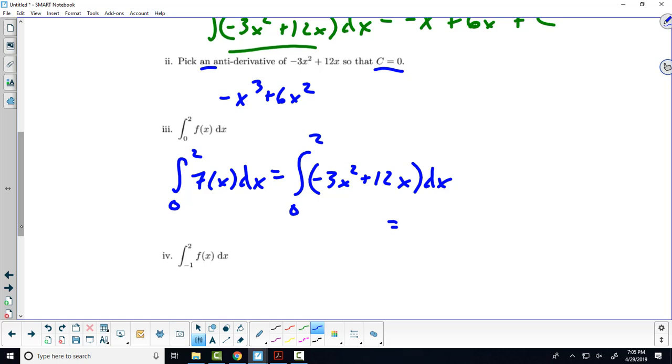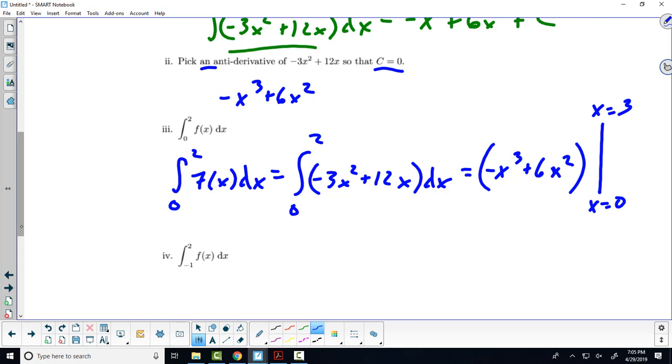And I only felt comfortable even remotely trying it because I was actually looking at the antiderivative up there. So what do we do? Well, we give the antiderivative, negative x cubed plus 6x squared, but then we remind ourselves that we were supposed to evaluate it at the upper and lower endpoints. So that's what that notation means. How do you interpret this?